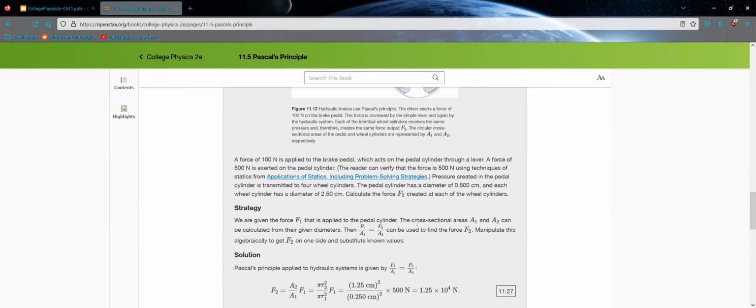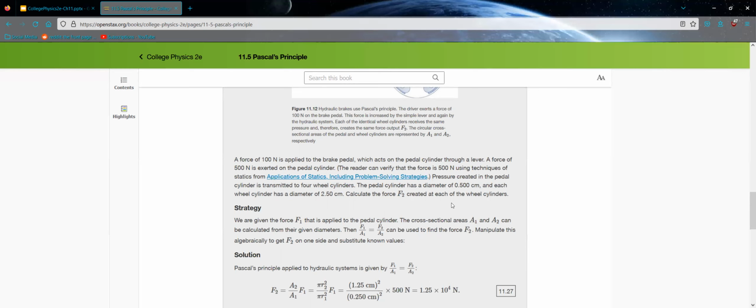So that lever turns 100 from your foot into 500 into a piston cylinder. Pressure created in the pedal cylinder is transmitted to your wheel cylinders, your disc brakes. The pedal cylinder has a diameter of 0.5 centimeter, and each wheel cylinder has a diameter of 2.5 centimeters. So the wheels have a lot larger area than the pedal cylinder.